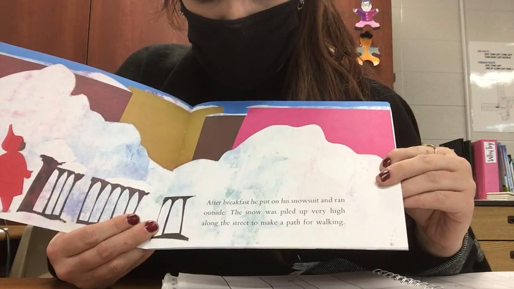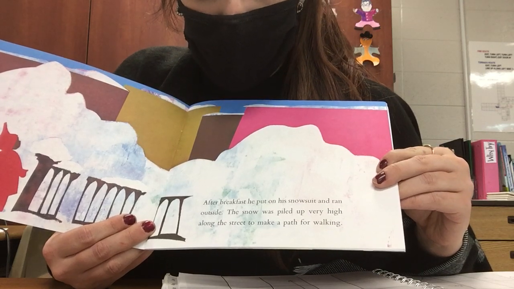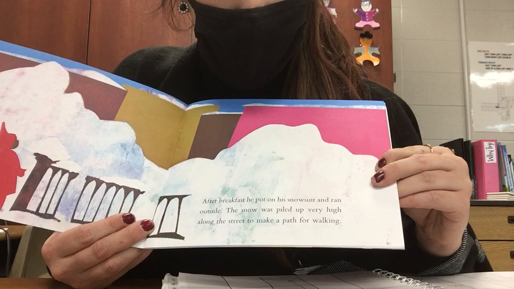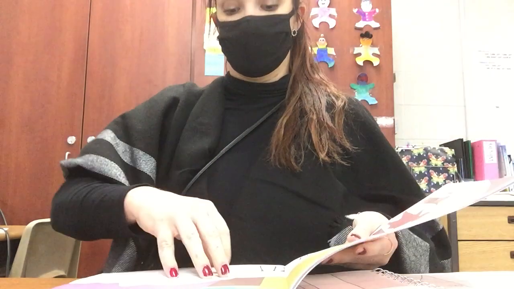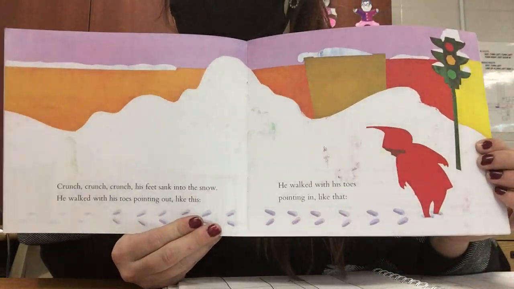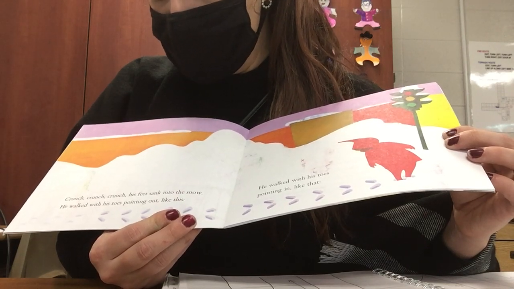After breakfast, he put on his snowsuit and ran outside. The snow was piled up very high along the street to make a path for walking. Crunch, crunch, crunch. His feet sank into the snow.